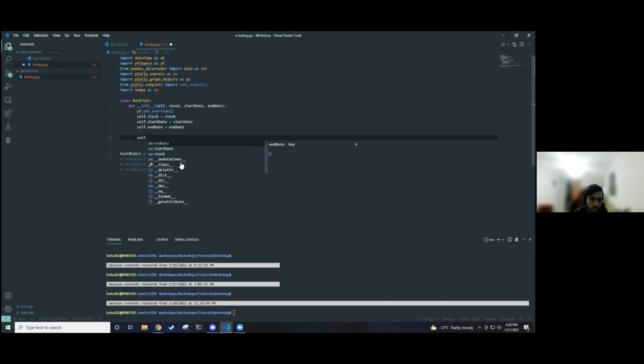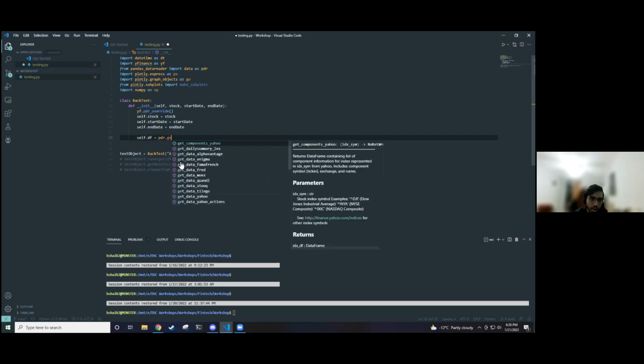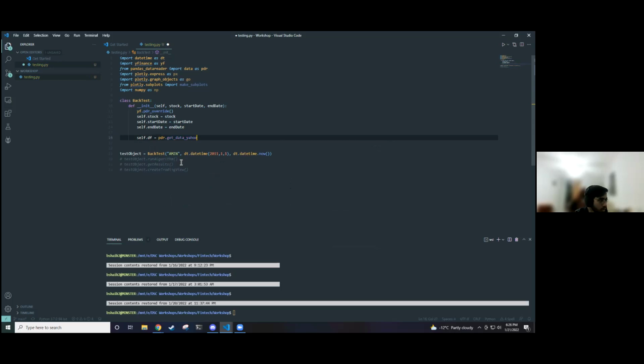So self.df. What df is, is the data frame, and it is essentially a table of information, which I'm going to show you guys after I run this script for the first time. To actually get the data in, it's very simple. You just need to do pdr.get data Yahoo right here.